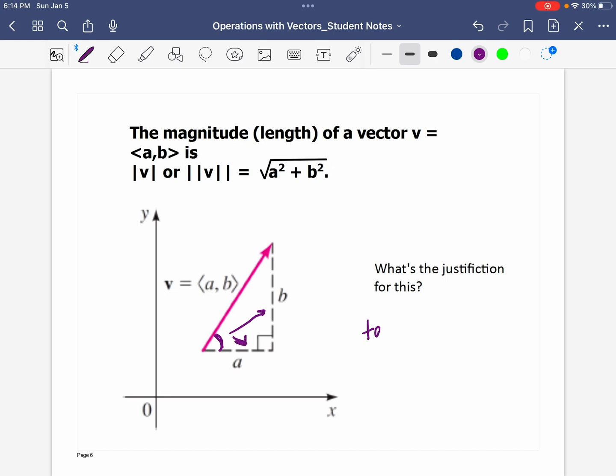So I know that tangent of this angle I'm trying to solve for is going to be b over a. And in order to solve for the angle, I have to use inverse tangent. So theta is going to be inverse tangent of b over a. So when we solve, that's usually how we're going to solve because that's the easiest way using components, using the x and the y components of the vector, we'll use tangent to solve.